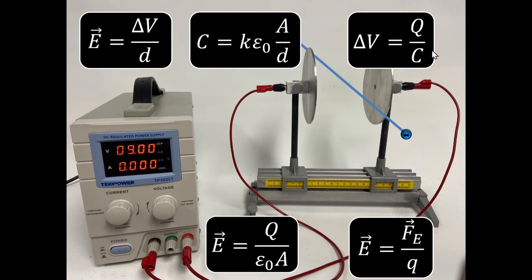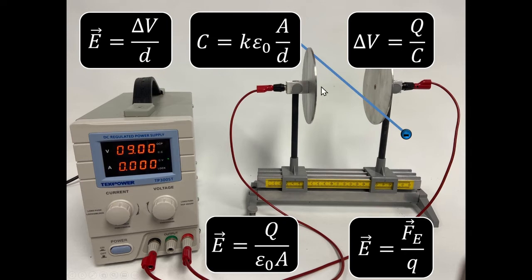And if we have a smaller capacitance and the voltage stayed the same, we still kept 9 volts on there, it would take less charge. Smaller capacitance would be a smaller amount of charge to get the same amount of voltage.